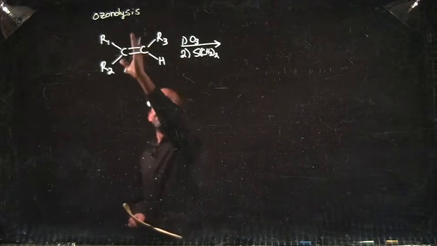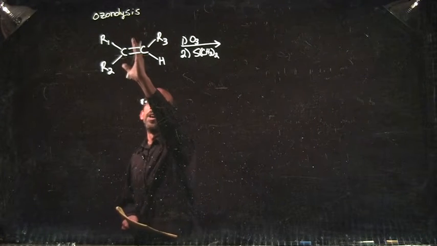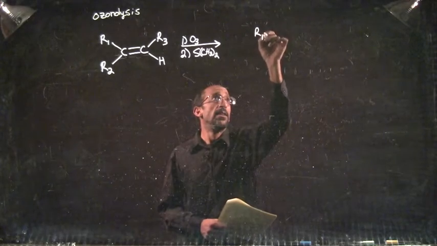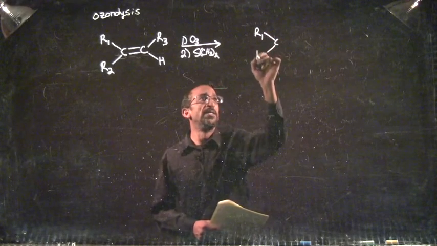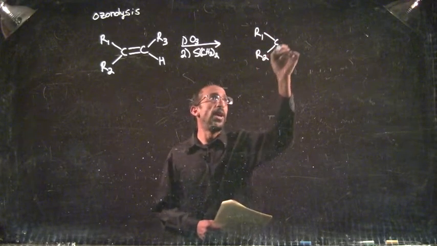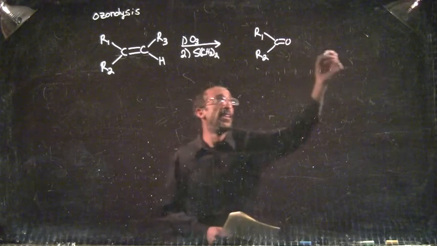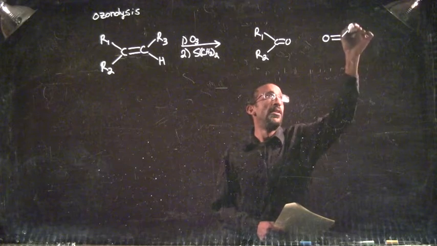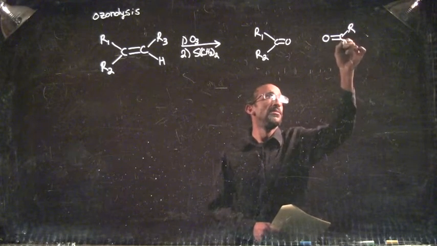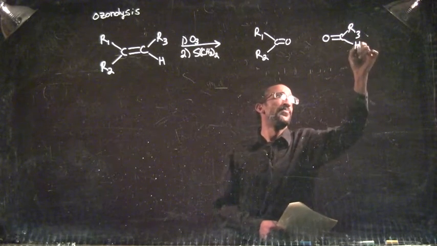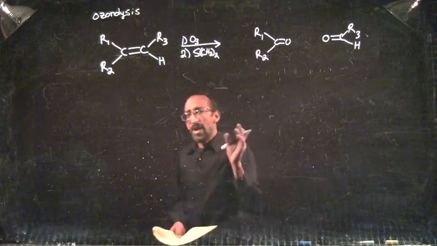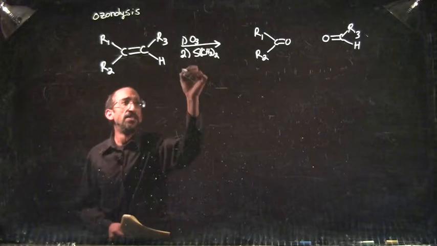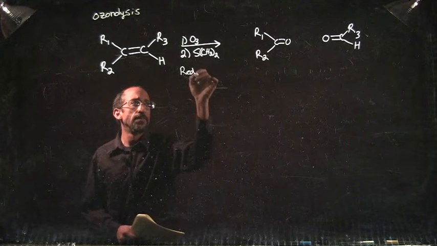That's going to cleave this carbon-carbon double bond to give me a ketone on one side, two alkyl groups off my carbonyl, and an aldehyde on my other side. However, we have a different set of reagents we can use in step 2. So this is a reductive workup.